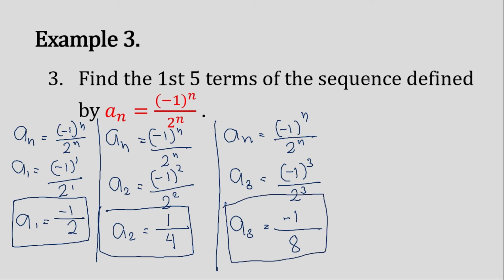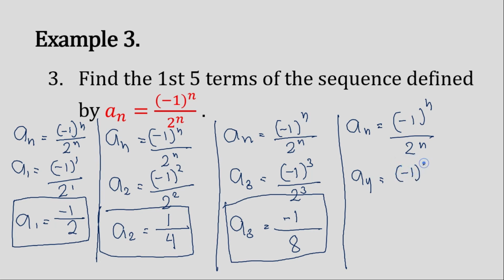Okay? Now, for the fourth term, again, let's copy the formula for our reference. Negative 1 raised to n over 2 raised to n. So we have a sub 4 equals negative 1 raised to 4 over 2 raised to 4.